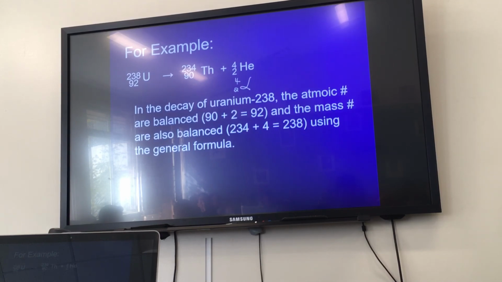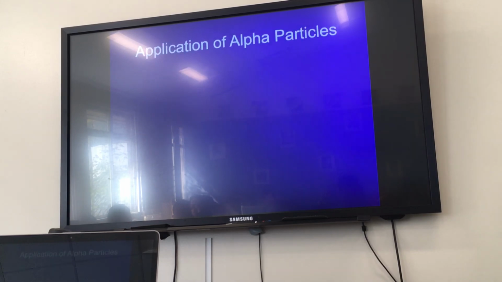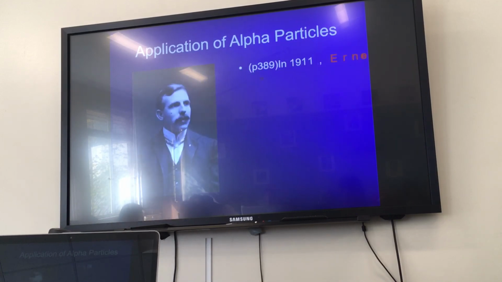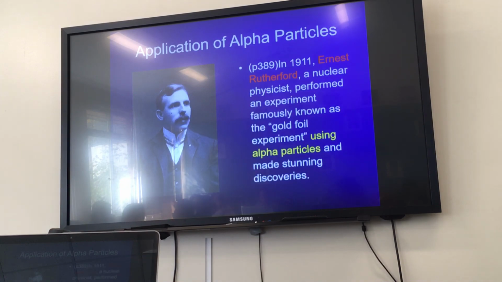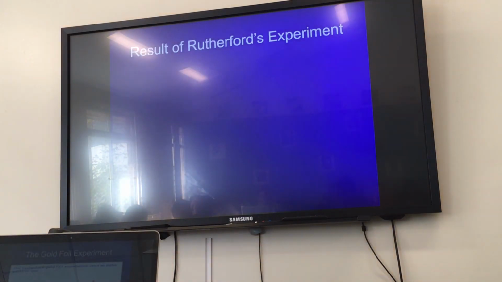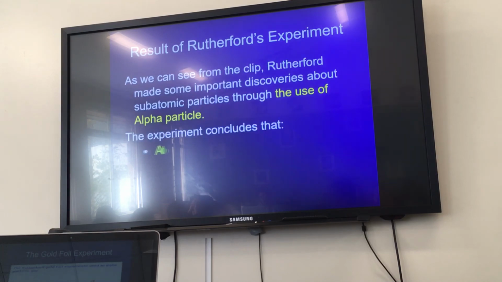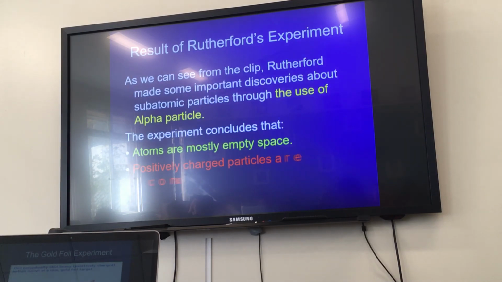This is in a nuclear reactor: uranium turns into thorium, and an alpha particle flies off. That's part of what nuclear reactors are. That's big energy, which we're going to talk about. Ernest Rutherford was the guy that figured it out. We can talk about his experiment in chemistry, so I wouldn't worry about it.